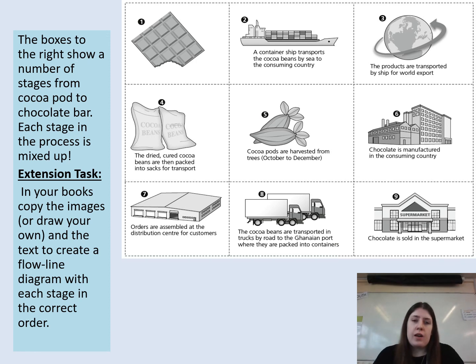You can draw them onto a bit of paper and put them in the right order, from the cocoa pod to the chocolate bar, in the actual order you think they're meant to be in. This one could take you maybe 5 to 10 minutes. It depends how detailed your drawings are.